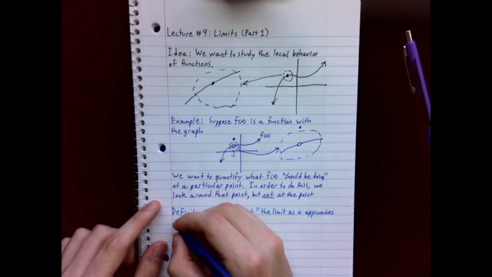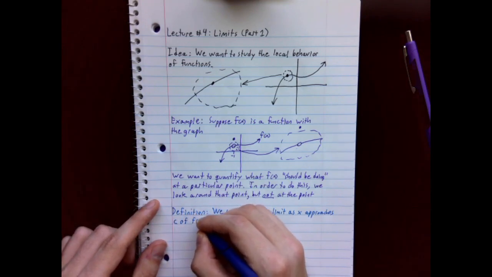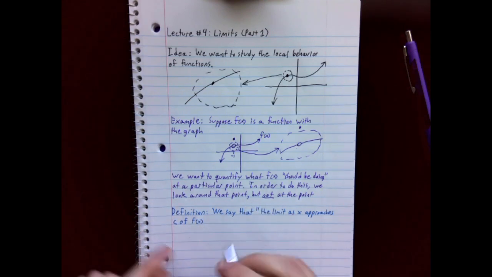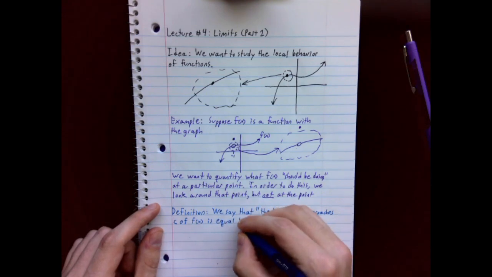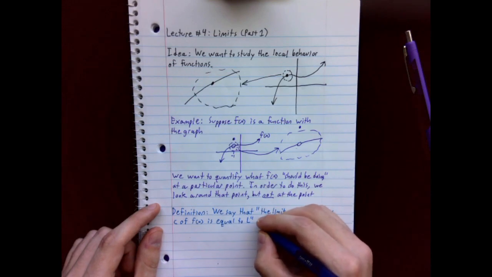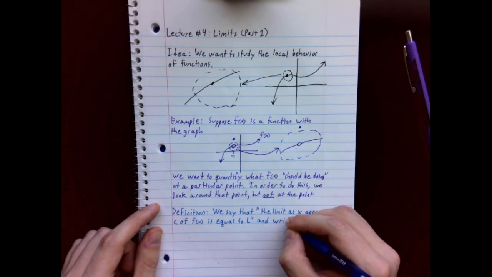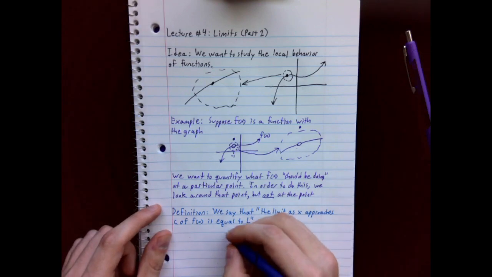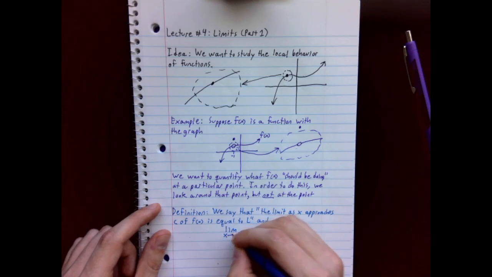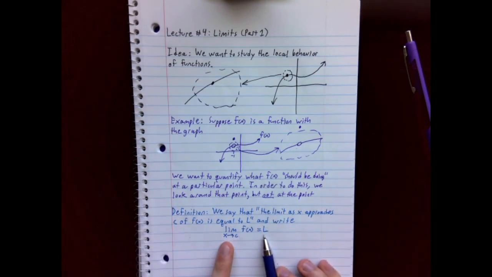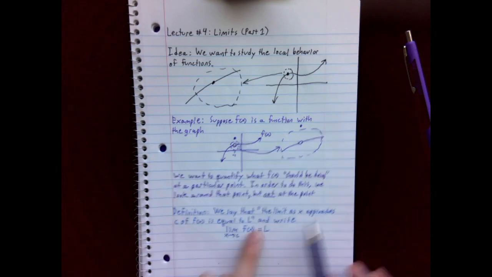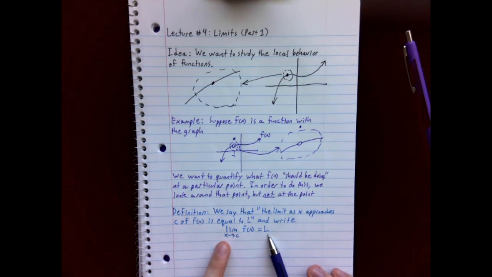We say that the limit as x approaches a point C of f of x is equal to L, and the notation that we use is limit as x approaches C of f of x equals L. So if I ever write this notation, you read it as the limit as x approaches C of f of x is equal to L. That's what this means.